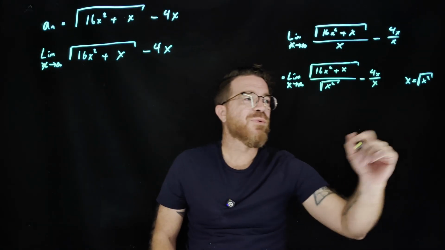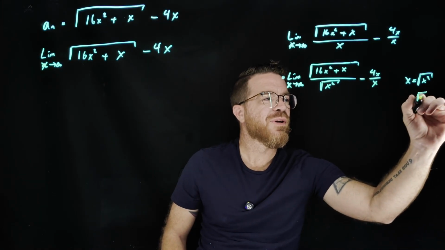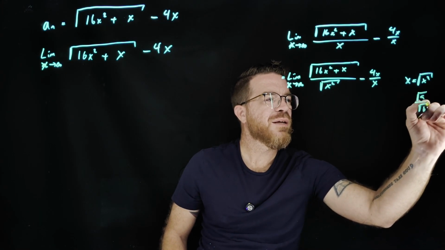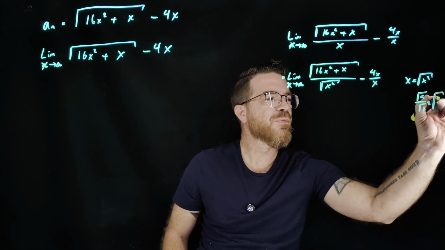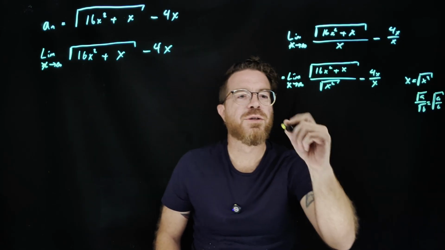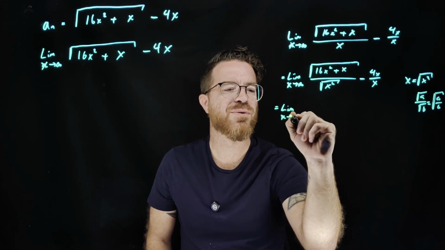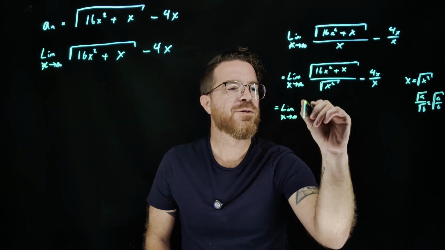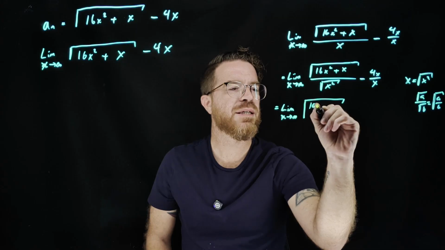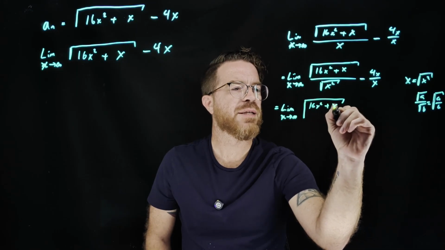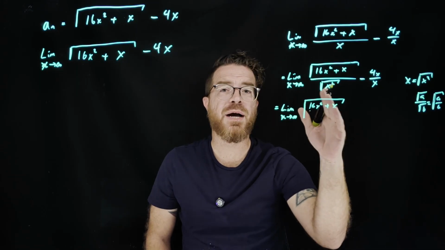Now, whenever you have the square root of a over the square root of b, you can rewrite this as the square root of a over b. So this becomes the limit as x approaches infinity of the square root of (16x squared plus x), divided by x squared.